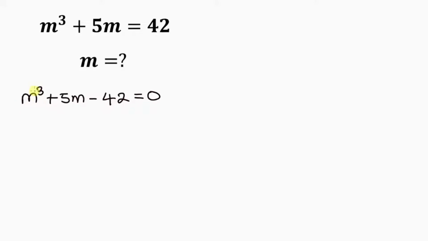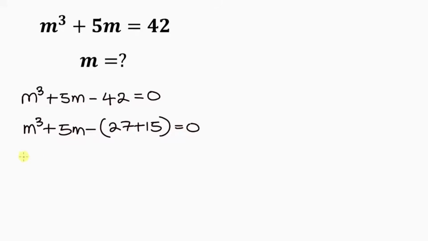So we have m cubed plus 5m minus, now the sum that I'm going to get is 27 plus 15. So 27 is a perfect cube like m cubed. So this is equal to 0.